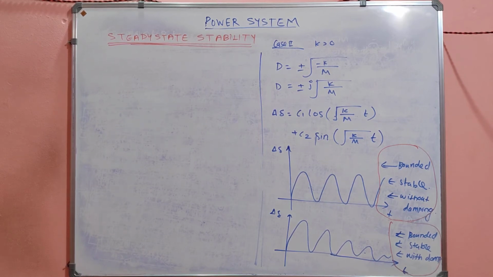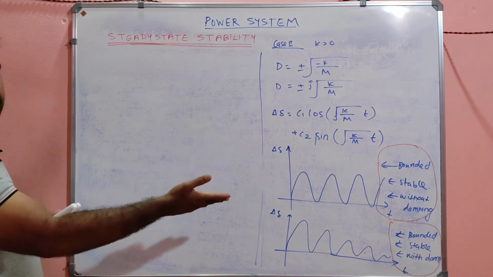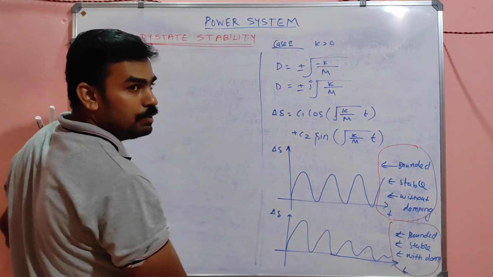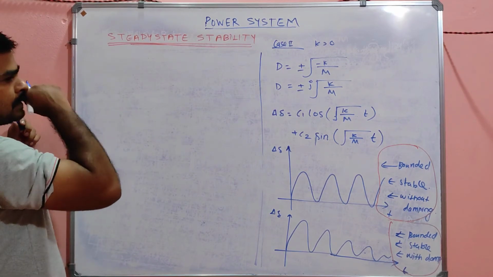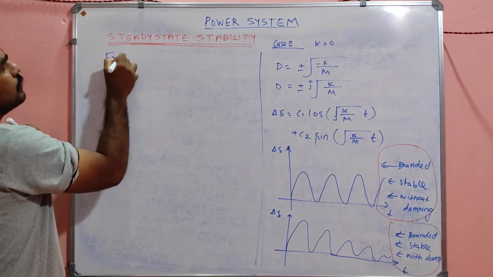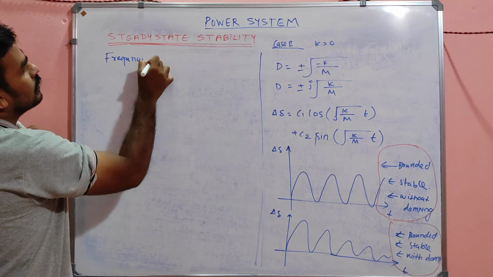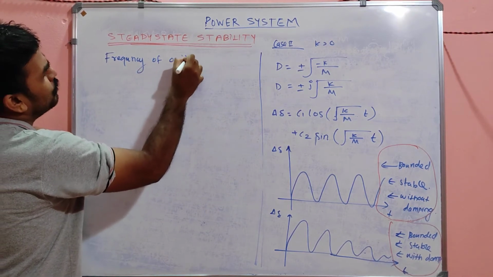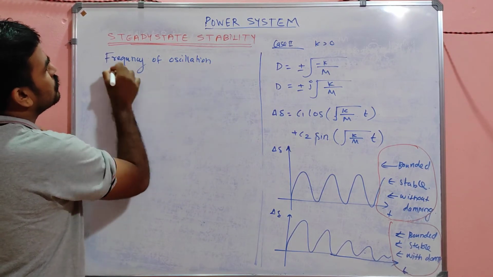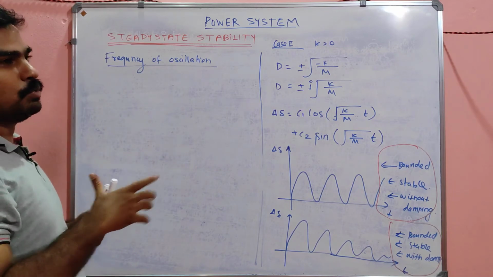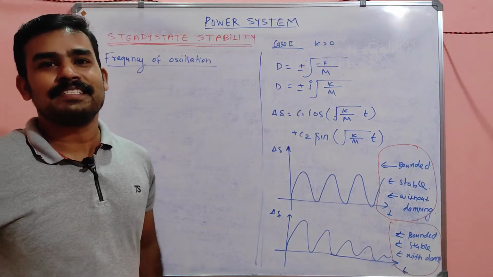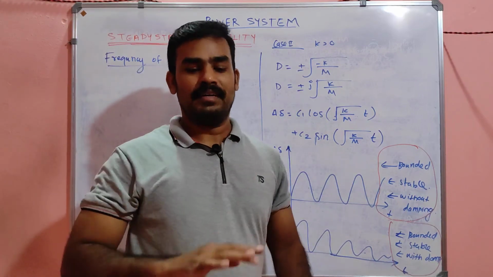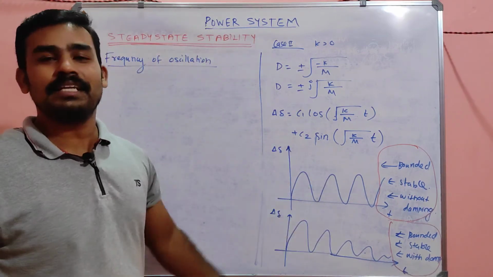Okay, so next is the frequency of oscillation. I already told you this will be the oscillation producer for k greater than 0. Then what will be the frequency of oscillation? The same thing you already learned in control system also, because whenever the roots are on the imaginary axis, then definitely oscillation will happen.